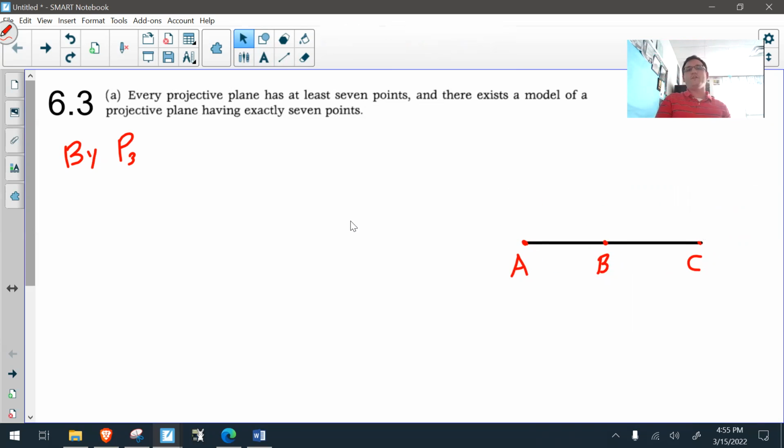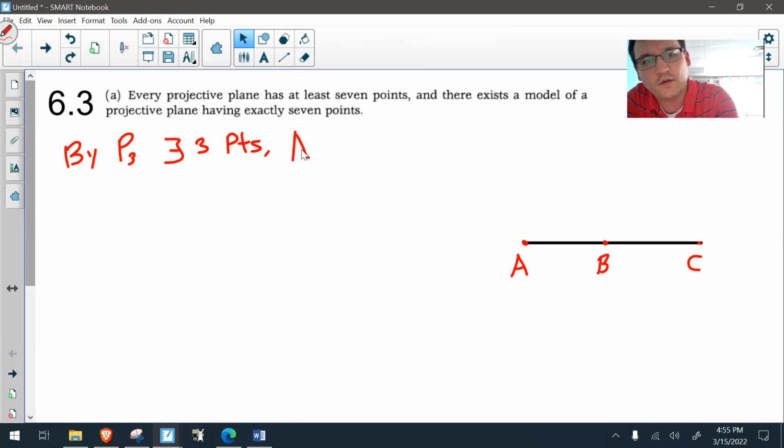Okay. So every projective plane has at least 7 points. Now, by P3, there exist 3 points. We're going to call those A, B, and C. Now, P4, on the other hand, says there exists a 4th point.